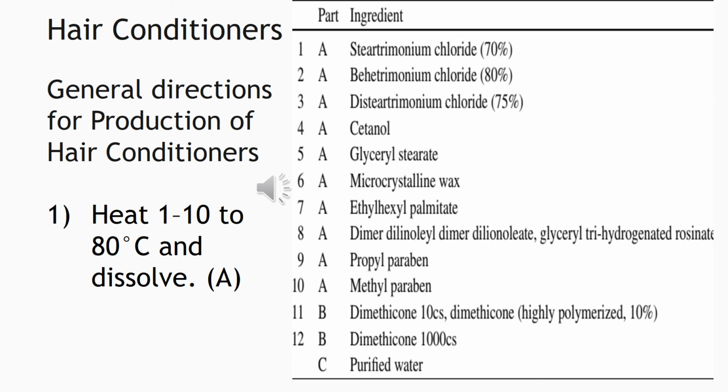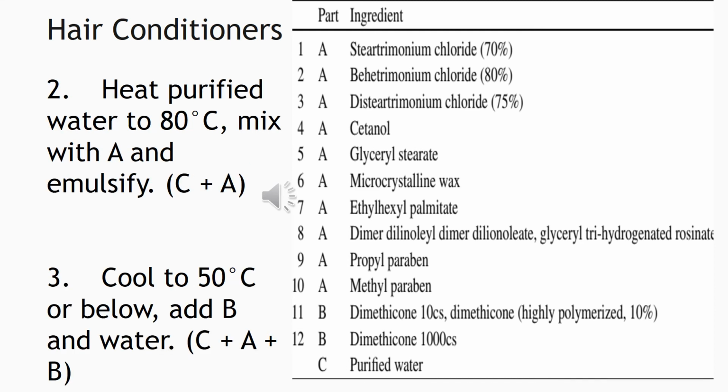These 3 quaternary ammonium salts, cetearyl alcohol, glyceryl stearate, microcrystalline wax, ethylhexyl palmitate, dimer dilinoleate, glyceryl trihydrogenated rosinate. Compound number 8, compound numbers 9 and 10 are heated first and then they dissolve. By heating they will surely dissolve.